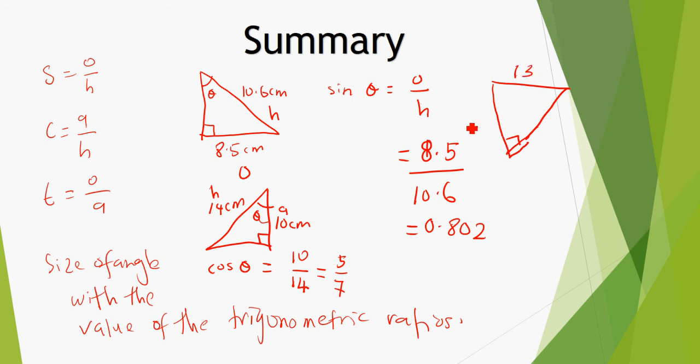This is 13. This is 5 cm. This is theta. So tan theta equals opposite over adjacent. 90 degrees here, so this is the hypotenuse, this is opposite, right? So 5 over adjacent. Oh, what is the value of adjacent?